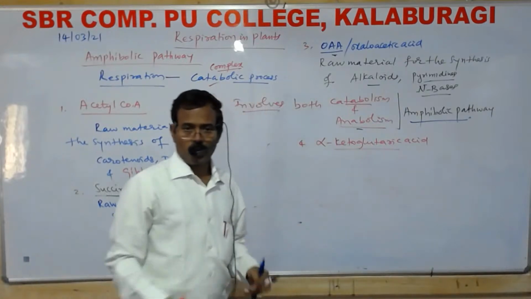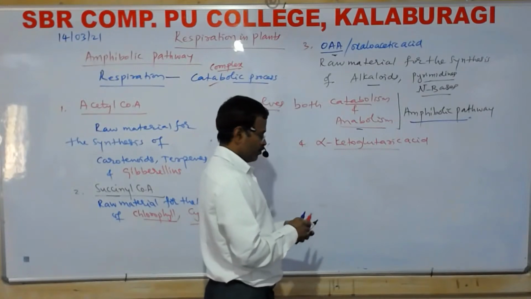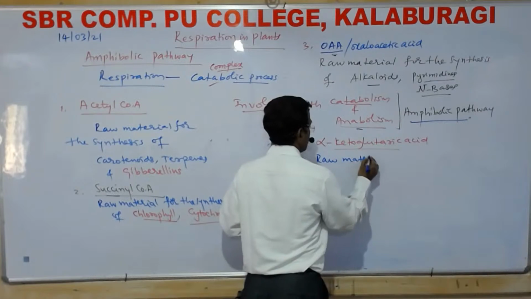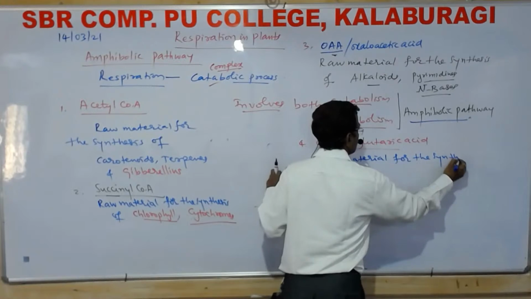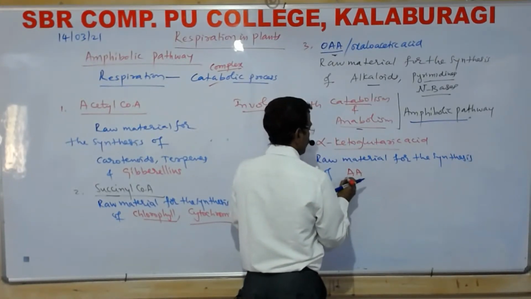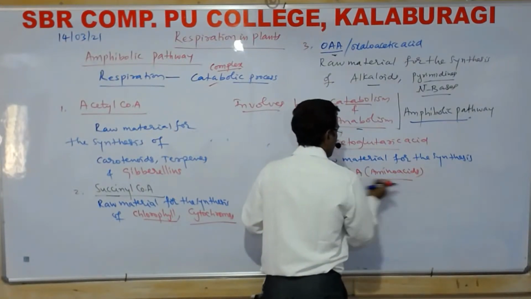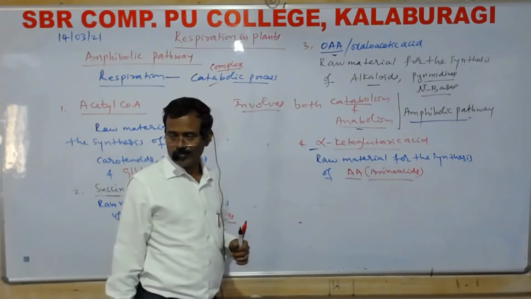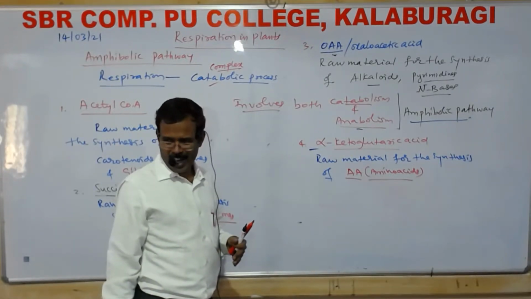Alpha ketoglutarate acid is the raw material for the synthesis of amino acids. Different amino acids are produced by using this alpha ketoglutarate acid, through a process called reductive amination.